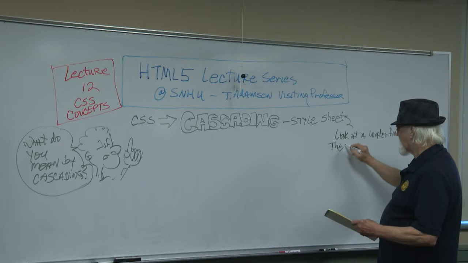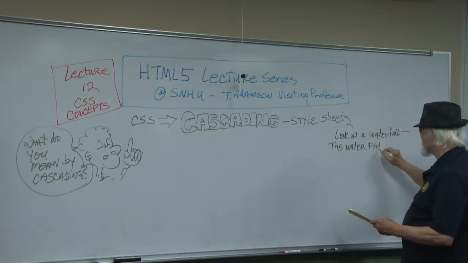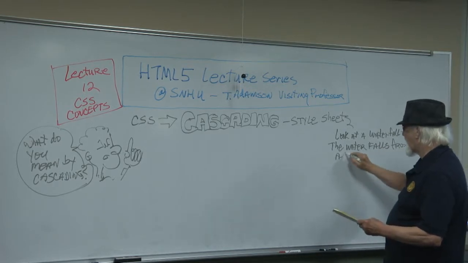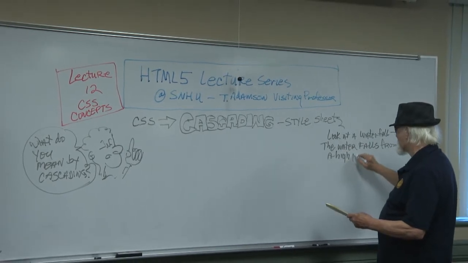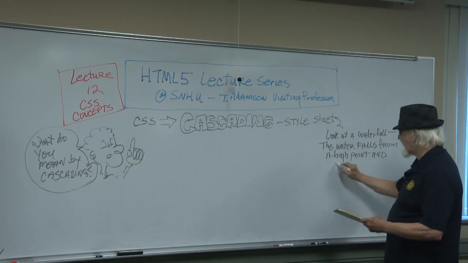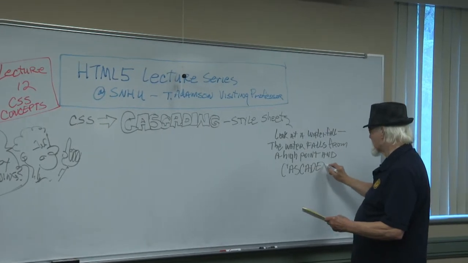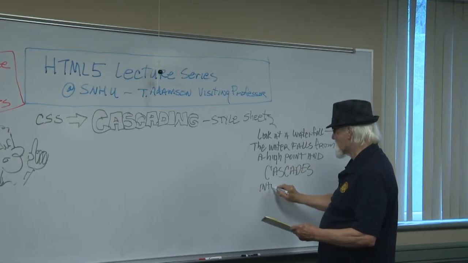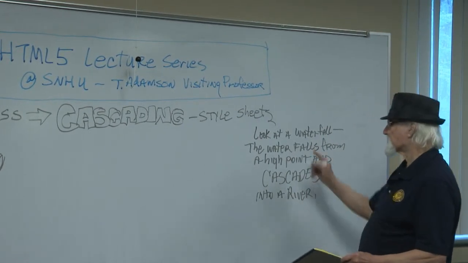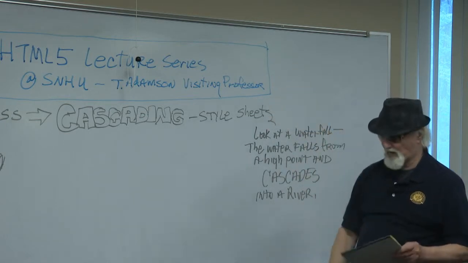The water falls from a high point and cascades into a river. Okay, so look at a waterfall. What does a waterfall do? It falls from a high point and it cascades into a river.